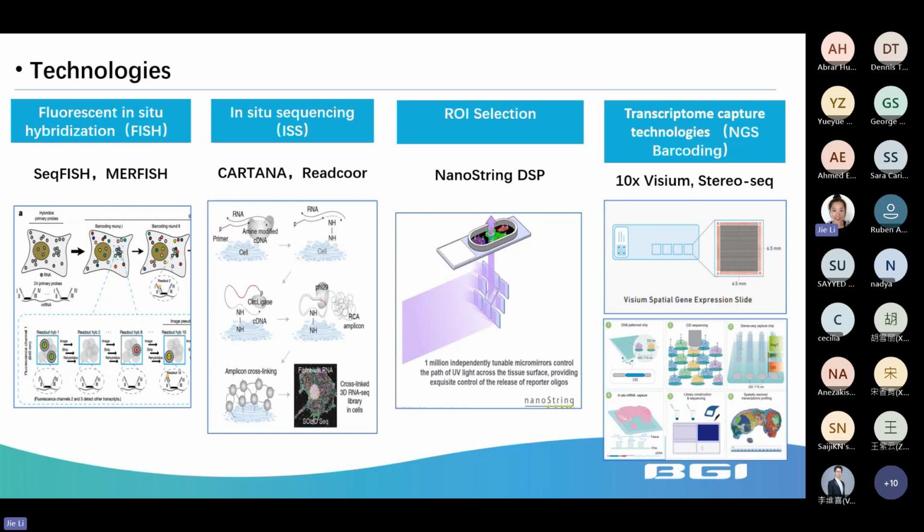This technology typically involves placing the tissue section on chips loaded with tens of thousands of unique DNA barcodes, or capturing genes through barcoded hybridization probes. These probes can label different RNA molecules. After purifying and recovering these probes, high-throughput sequencing is used to read out gene expression and the spatial barcode information from different regions.